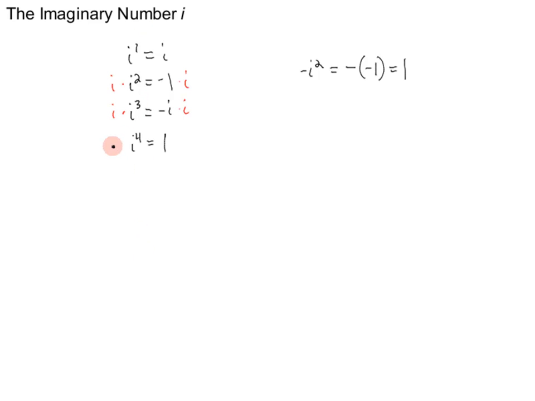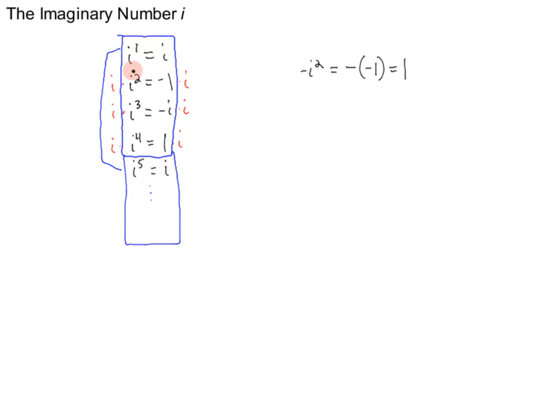So i to the fourth is positive 1. Let's continue. Multiply both sides by i. The left side is going to give me i to the fifth. The right side is going to give me 1 times i, which is i. So what we see here is we get a pattern, right? We've got the first 4 powers of i, and then at i to the fifth, this pattern starts over, because now i to the fifth is the same thing as i to the first.